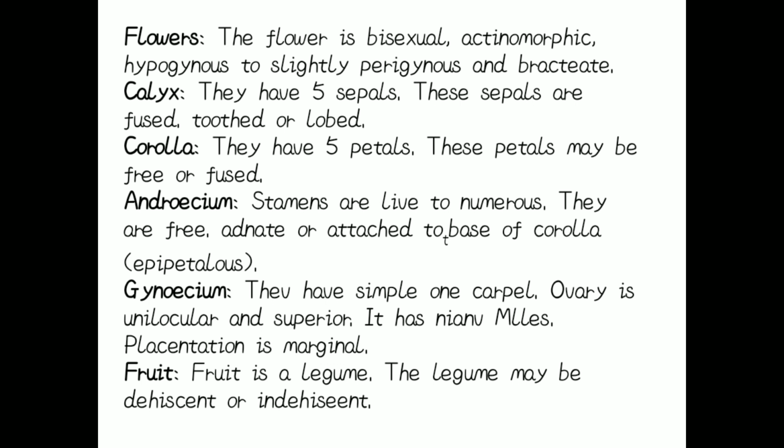The fruits, as we know, of these Mimosaceae are mostly leguminous because the family itself is Leguminosae. The legume may be dehiscent or indehiscent. What is dehiscence? Dehiscence means to break open. Sometimes it is indehiscent also.